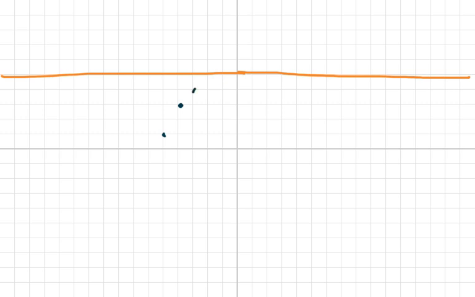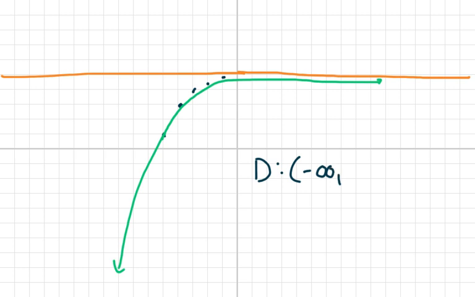Negative 3 is 4. 4.5. 4.75. And then connect your points. Right, and make sure it does not cross your horizontal asymptote. So your domain for this would be negative infinity to positive infinity. And your range is your low to your high, so this is negative infinity to my horizontal asymptote of 5.